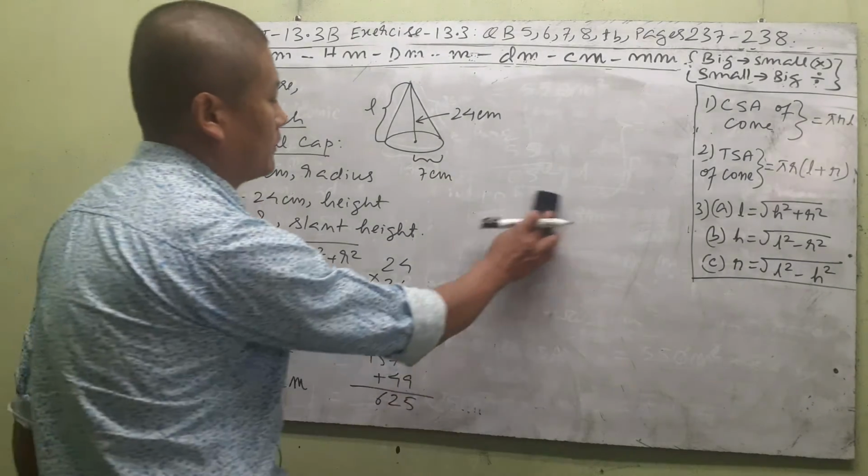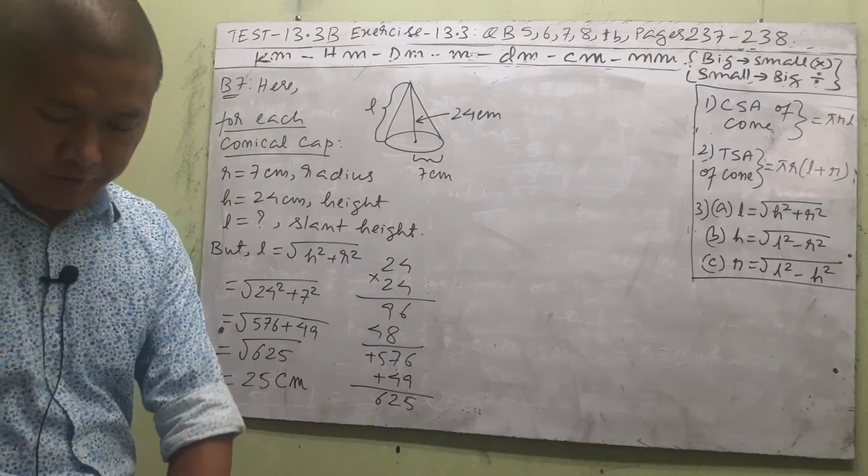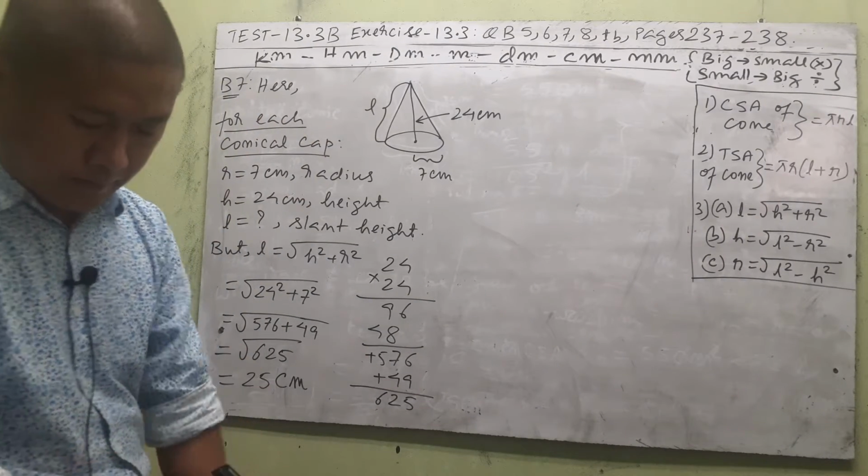So we can now find the area of sheet required to make 10 such caps.